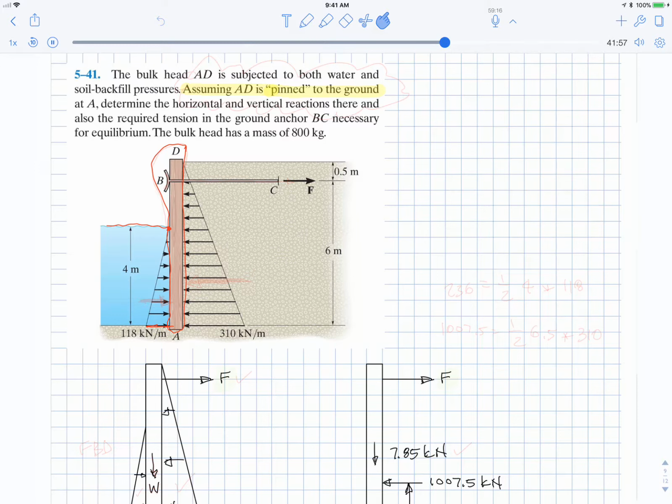Similar thing with soil. Soil is actually a little more complicated. If you're civil, you'll take geotech classes, but if the soil doesn't have internal friction, if it's not sticky, you can treat it like a fluid, and then you just get the depth times the unit weight, and you can get these pressures.